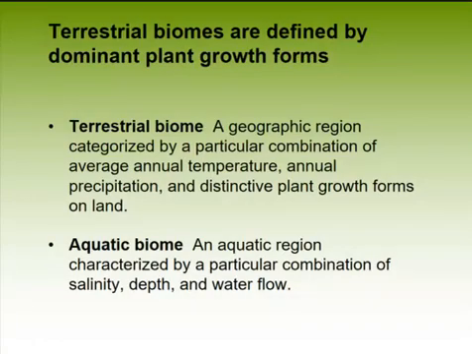You just need to look for the patterns and it'll help you understand it more. Your terrestrial biomes are really categorized by the average annual temperature and annual precipitation. So know your climatograms, which we're going to practice in class, and your plant growth forms, like what types of plants grow with this type of temperature and precipitation.